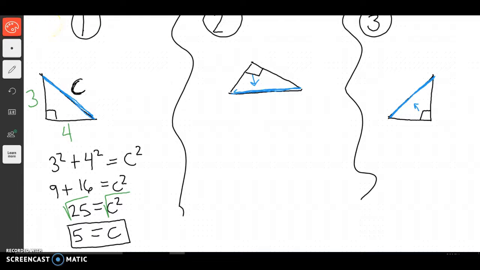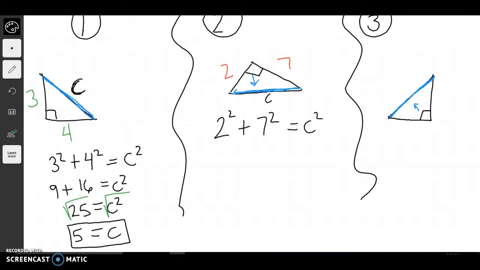Okay, so let's label some sides. Let's say that this was 2 and this was 7. So again, we have the same type of thing. We know that 2 squared plus 7 squared should equal c squared, which is this long side.